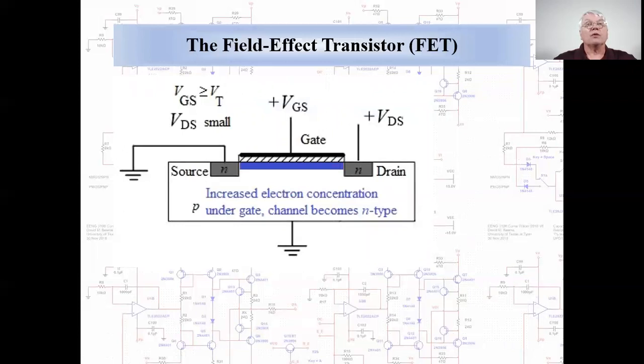Now, we will increase the positive voltage on the gate so the gate voltage exceeds the threshold. The electron concentration in the channel increases, and the hole concentration decreases to the point that the channel is now N-type. We say the channel has entered inversion. Thus, a band of N-type material extends from the drain to the source, and the FET can now conduct current between the drain and source.